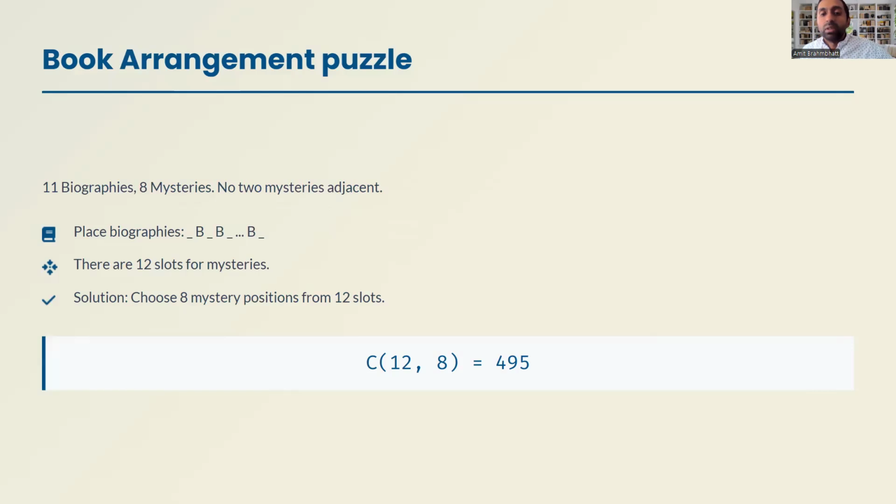Slot, biography, slot, and so on. To ensure no 2 mysteries touch, we simply need to choose 8 of these 12 slots to place our 8 mystery books. The number of ways to do this is 12 choose 8, which equals 495.